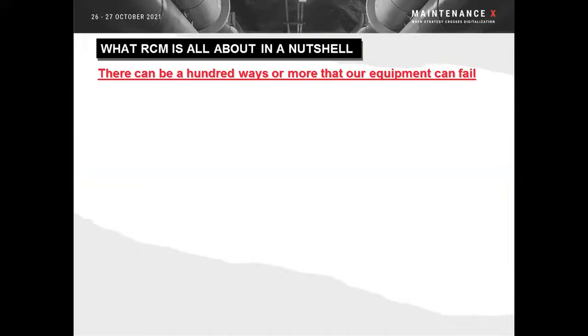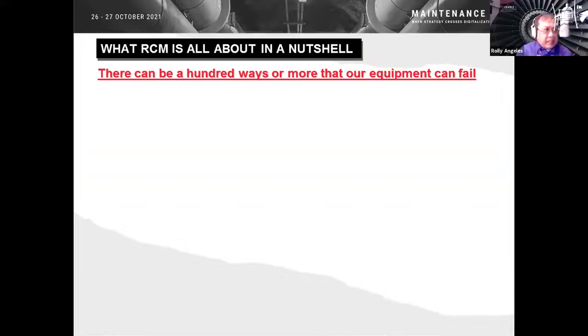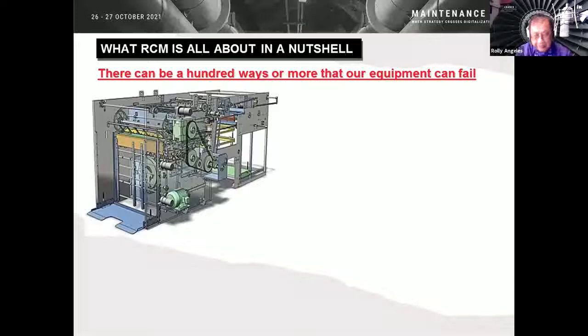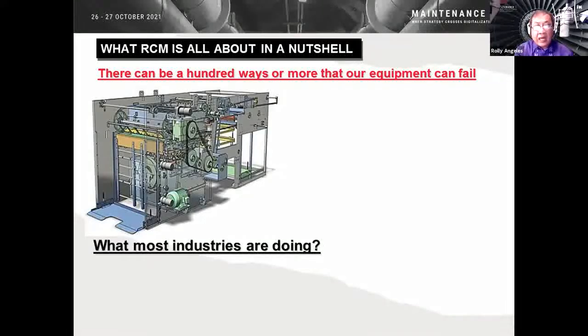Okay, so at this moment, kindly imagine one of your assets, equipment, or systems right now. Let's imagine that this is your asset, and throughout the years that it's been operating, this asset or machine can fail in more than 100 ways.